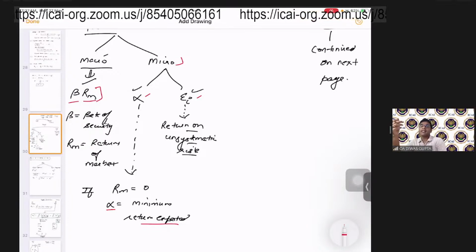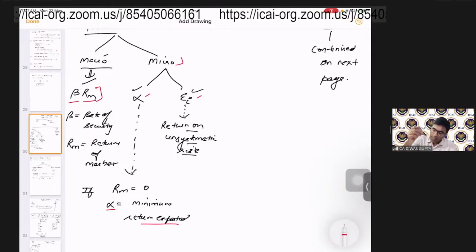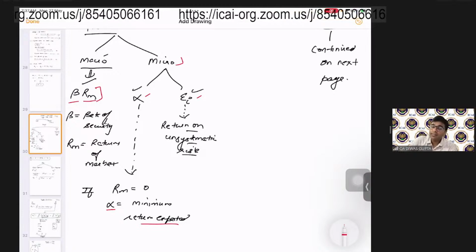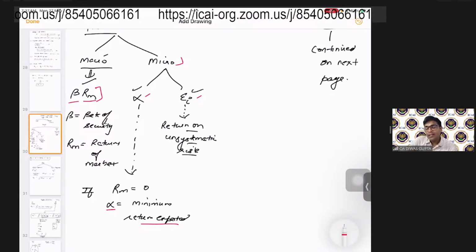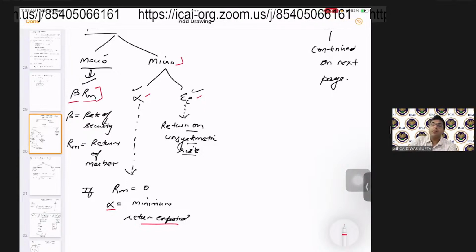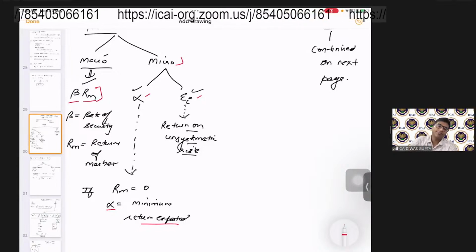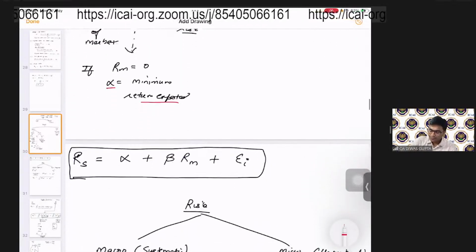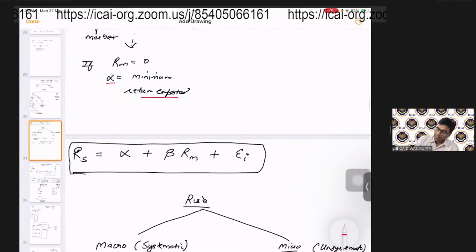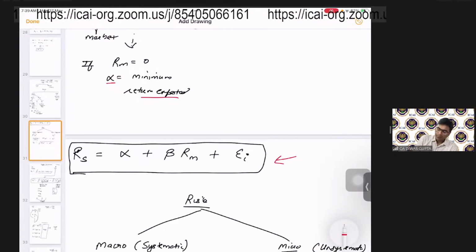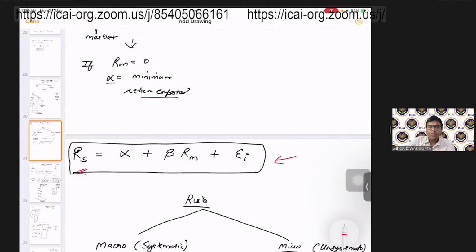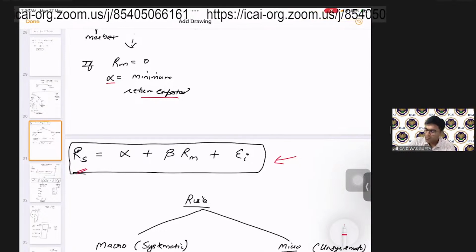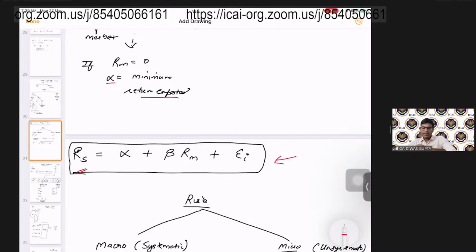Correct? That is how the investor thinks. And the third one is because the investor is saying, I am going to undertake the unsystematic risk, and hence I need to know what the return is on account of that unsystematic risk. Okay, students. So this is the equation: return of security is equal to alpha plus beta times RM plus return on the unsystematic risk. Clear?